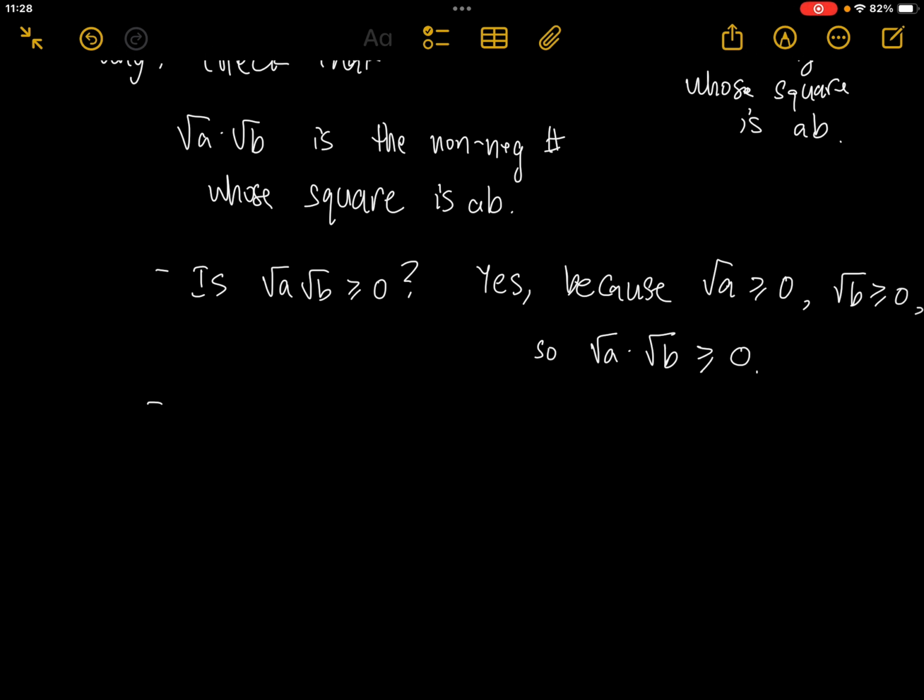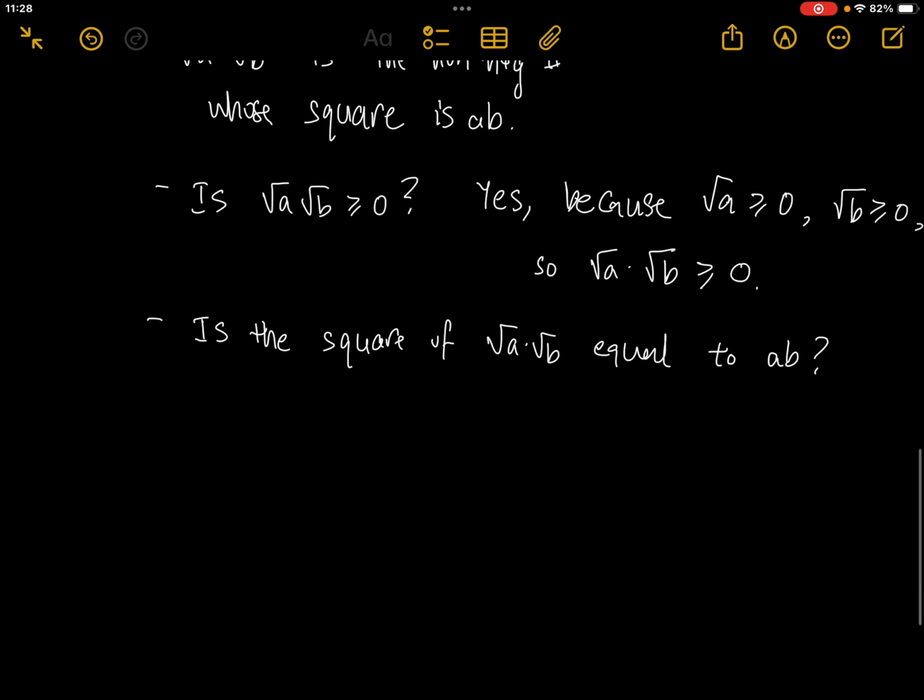Now, how do we know that its square is ab? Is the square of the square root of a times the square root of b equal to a times b? Well, let's square it. If you take the square root of a times the square root of b and square it, that means you multiply it by itself.